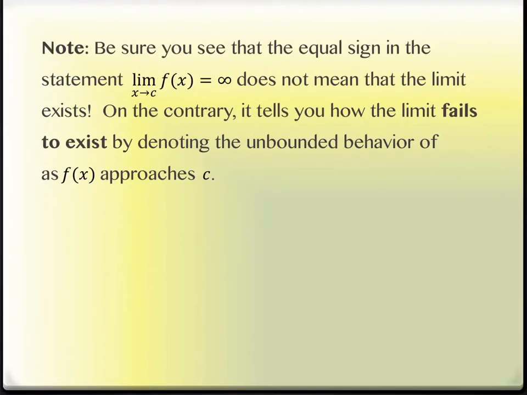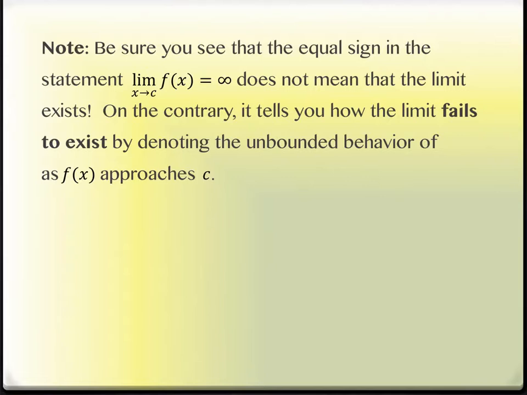There's a note here that I want to make sure that you're very clear on. Be sure you see that the equal sign in this statement, the limit as x approaches c of f of x equals infinity, does not mean that the limit exists. The limit still does not exist. On the contrary, it tells you how the limit fails to exist by denoting the unbounded behavior of f of x as x approaches c.